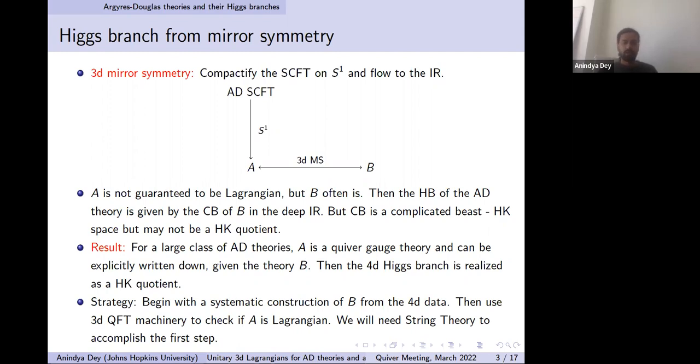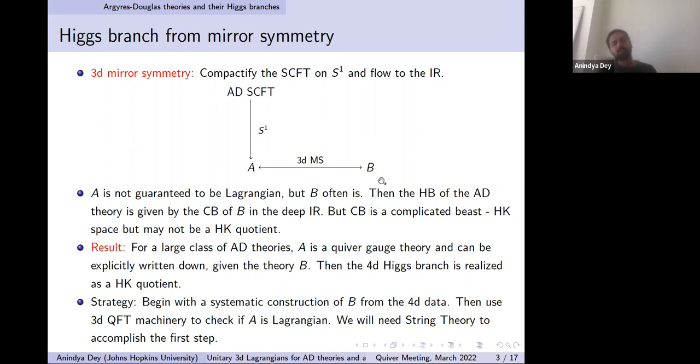Now, if indeed B is a Lagrangian theory, then the Higgs branch of the Argyres-Douglas theory is given by the Coulomb branch of B in the deep IR. So there's some realization of the Higgs branch using a Lagrangian theory in that case.